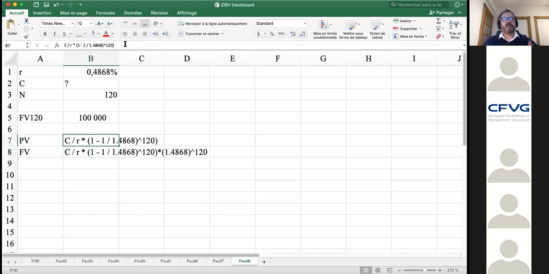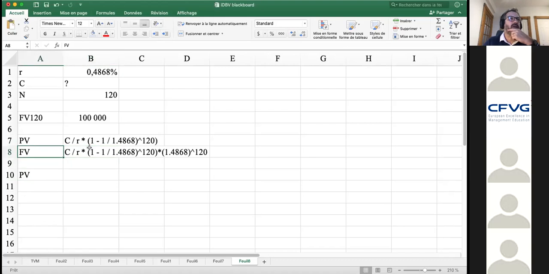Because in the official solution they use directly the formula of the future value of an annuity. So if you want to do two steps, you should do it this way. Firstly calculate the present value. Okay, so present value will be, you don't know because this is C that you are calculating, I'm sorry.